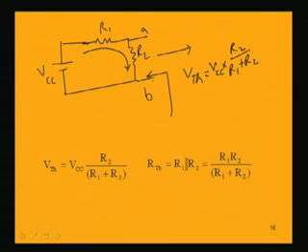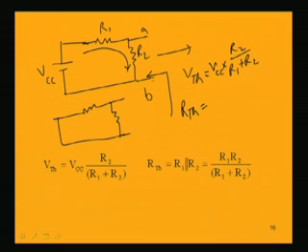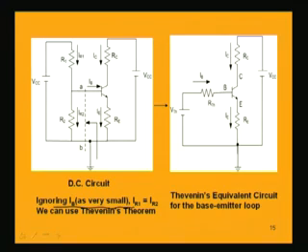And while finding Thevenin's equivalent resistance, we must kill this voltage source, the independent source. So, across AB we are finding the equivalent resistance looking from this terminal. Mind it, this point is ground.